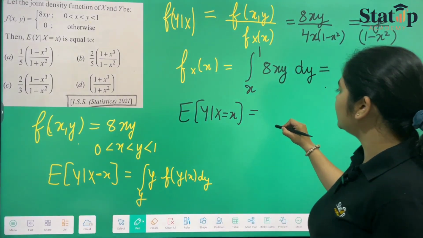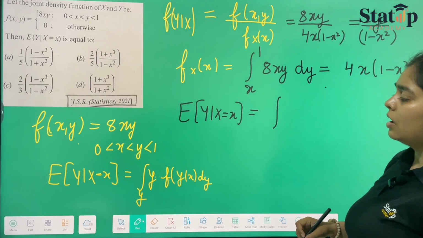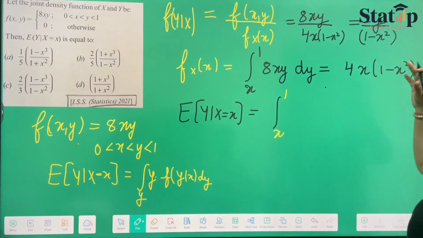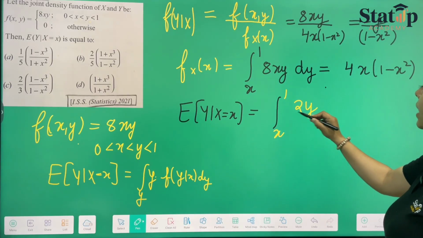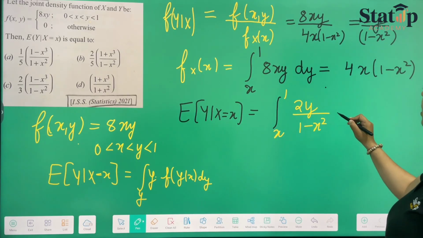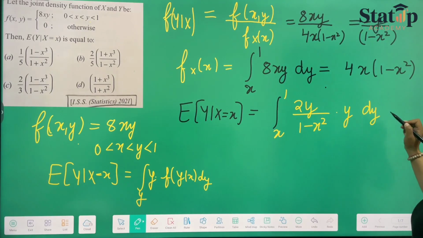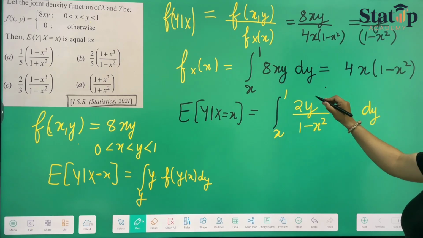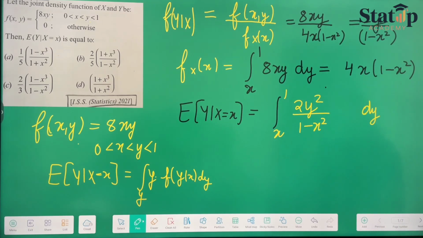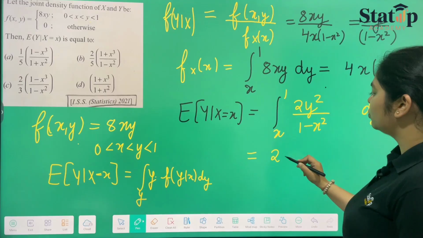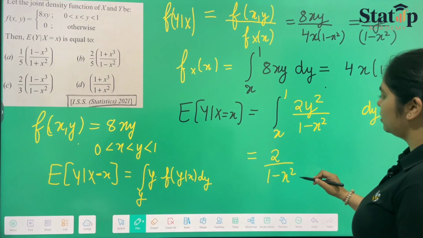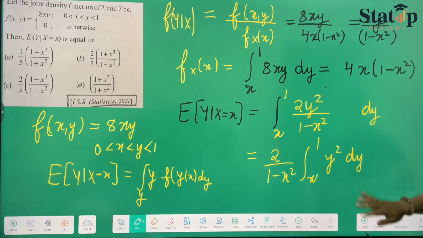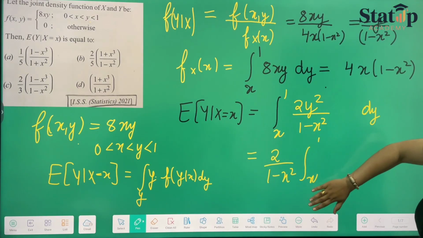It will be integration over y from x to 1 again, and the terms are 2y upon 1 minus x square into y dy. So instead of writing this like that, I am writing 2y square. And by opening the bracket, it will be 2 upon 1 minus x square, integration x to 1 of y square dy.